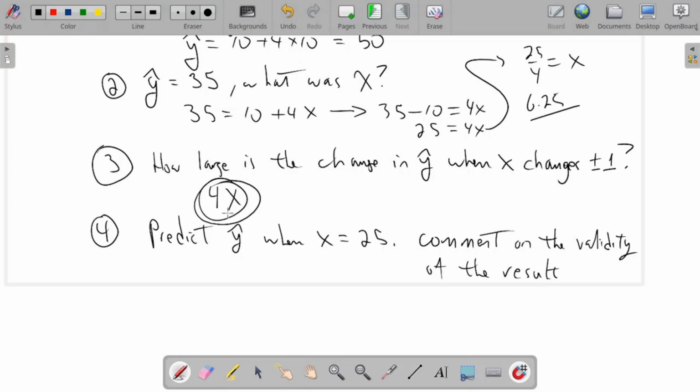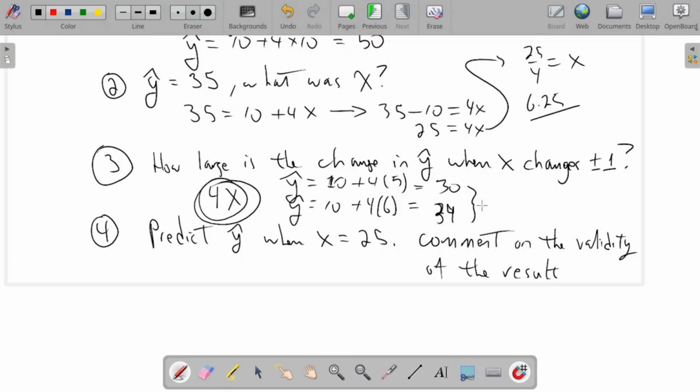That's the easy way. Now the more convoluted way, like I mentioned at the start, we would go y hat is equal to 10 plus 4, and we'll use the 5 here, make this a bit more clear. So this is equal to 30. That's supposed to be a 10, by the way. Now, here's y hat is equal to 10 plus 4, but we're going to increase x by 1, and now this is 24 plus 10, which is 34.